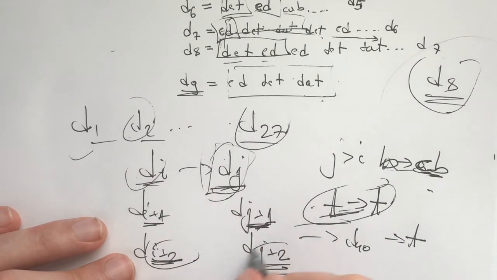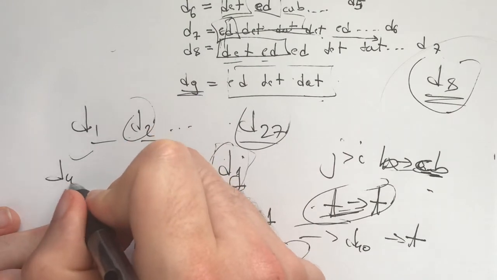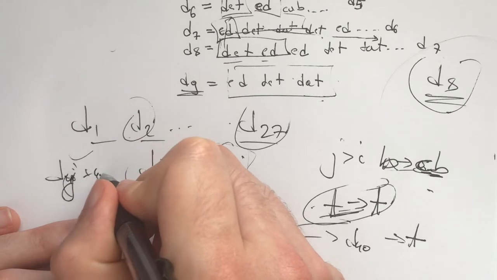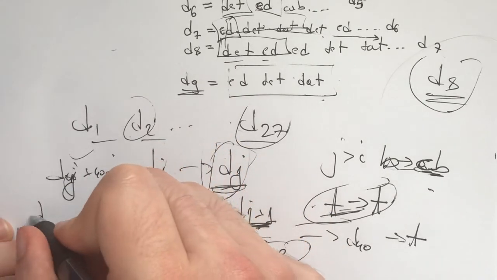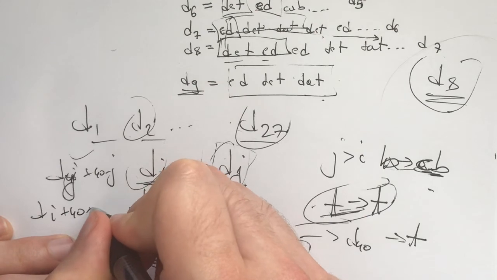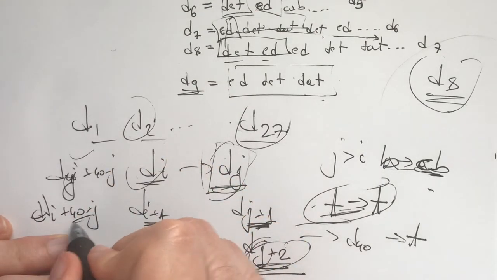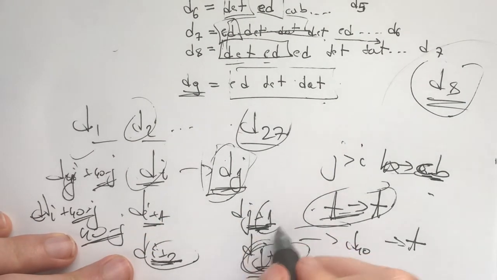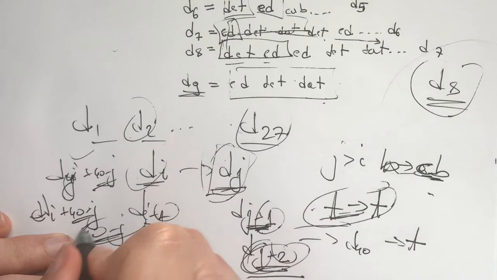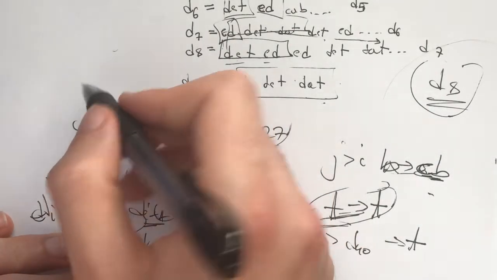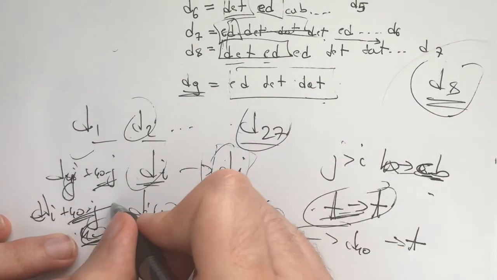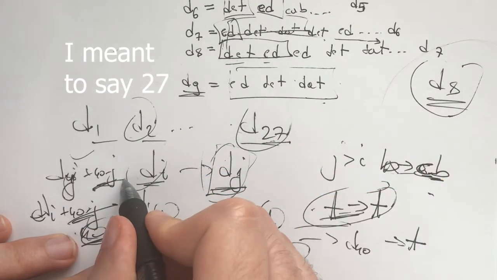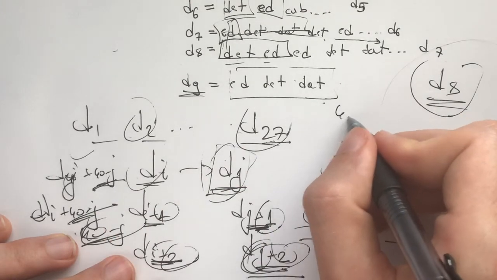So then we'll know that D40, like this is J plus 40 minus J, and DI plus 40 minus J will begin with the first 40 minus J words. This is the first 1 word, first 2 words, and the first 40 minus J words. And then this will make us done. J is at most 47, so 40 minus J is at least 13.